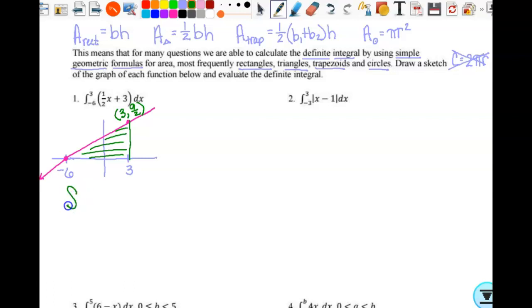So the integral from -6 to 3 of 1/2 x plus 3 dx equals the area of this triangle, the area concept. I'll tell you why I'm using that word after a while.